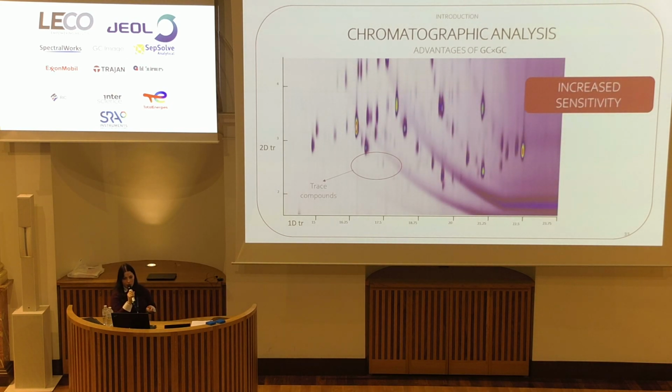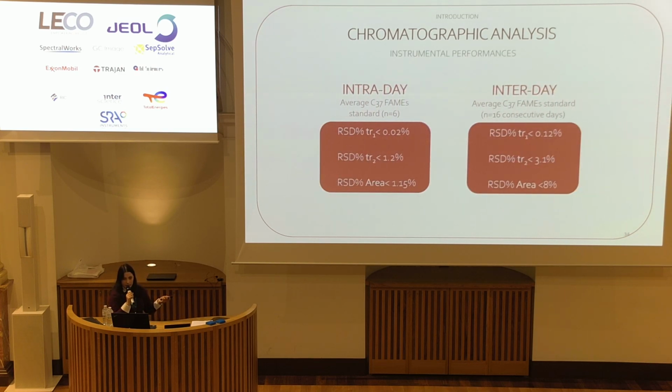And last but not least, thanks to the increased sensitivity, trace compounds are also easily detected. All of this with an excellent repeatability of the instrumental analysis, as you can see from the reported relative standard deviation of retention time in the first and second dimension, and also the area of the C35 FAMES standard.